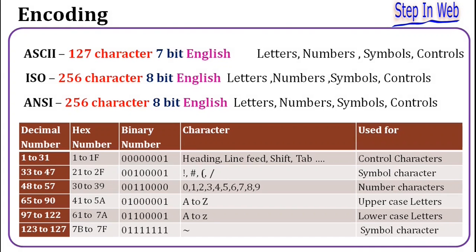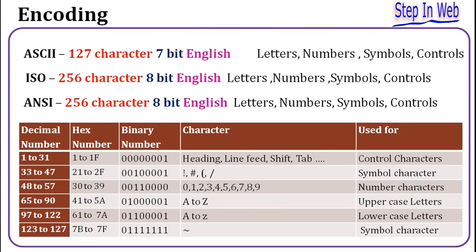I already told you ASCII formed the first characters in 1969, and it formed 127 characters in 7-bit format. It was developed only for the English language. It has all letters, numbers and symbols.